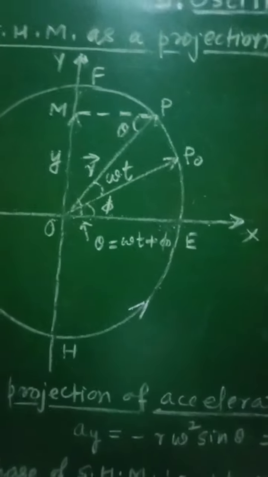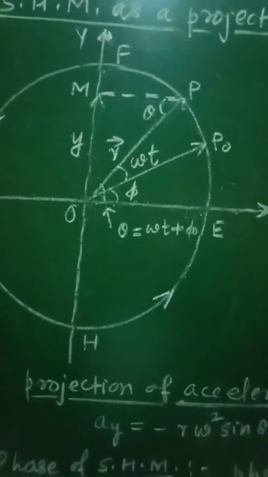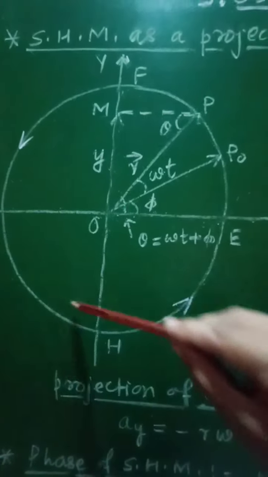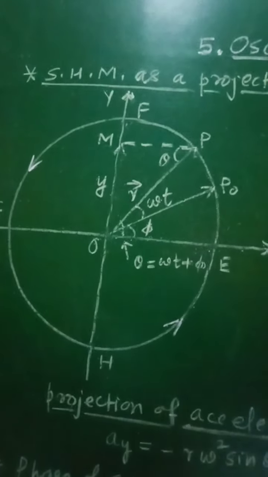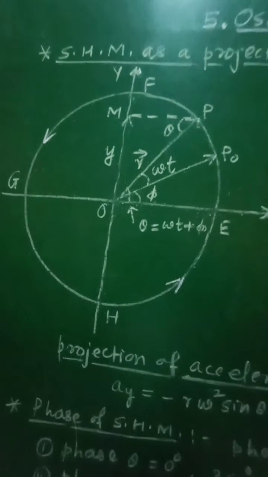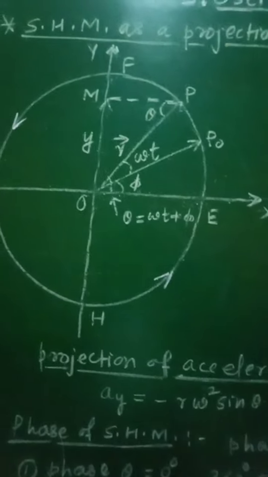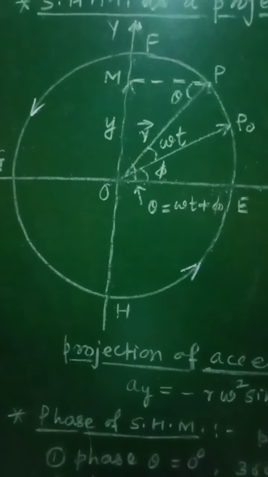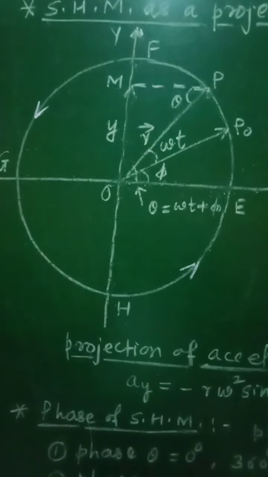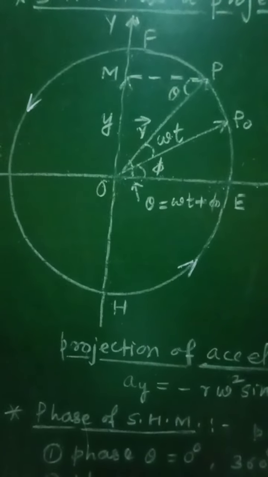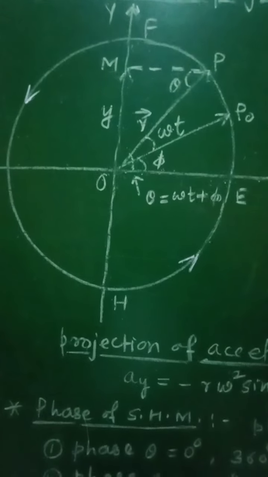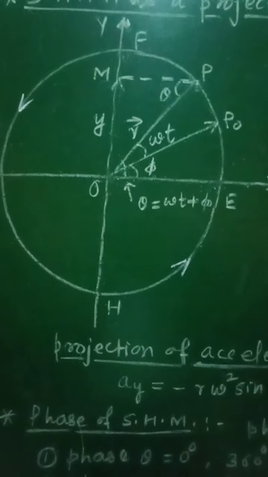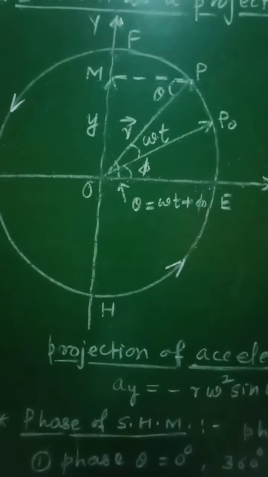Now when the particle reaches point E again by completing one circular path, the angle 360 degrees will be covered by that particle. Therefore for the first oscillation theta will be equal to 0, and the phase angle 360 degree, that is equal to 2 pi, is the beginning of the second oscillation, and so on.